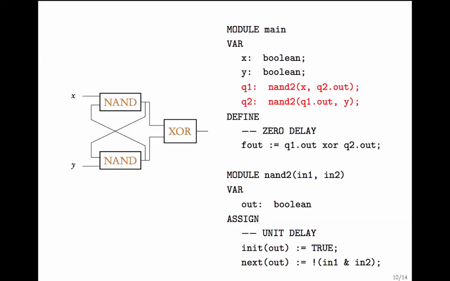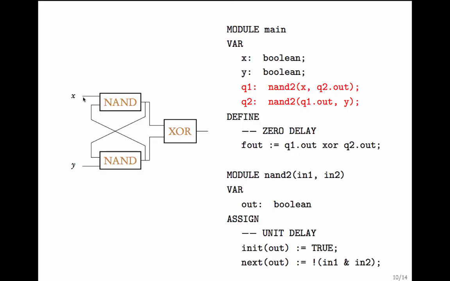Here is another place where modules become very useful. In this circuit, the output of the first NAND gate becomes the input of the second, and the output of the second becomes the input of the first. This is a hierarchical design. How do we write this?